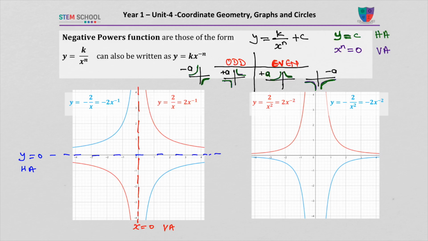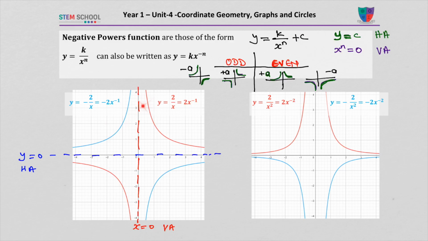So that's the vertical, you set the denominator to 0, and then you work out x. And for the horizontal is the c here. That value of c will determine y equals c is the horizontal asymptote.